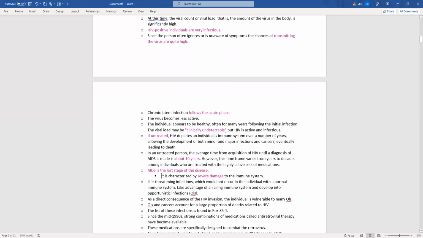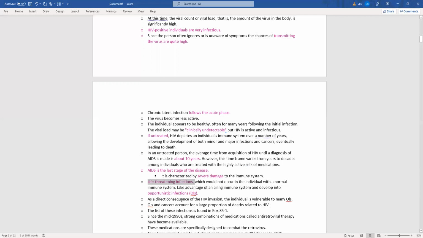Life-threatening infections, which would not occur in individuals with a normal immune system, take advantage of an ailing immune system and develop into opportunistic infections.